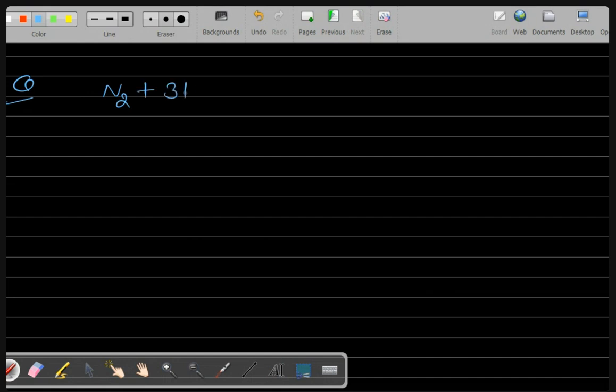Now suppose this balanced equation is given: N2 plus 3 H2 converting into 2 NH3. And I am taking 8 gram hydrogen.